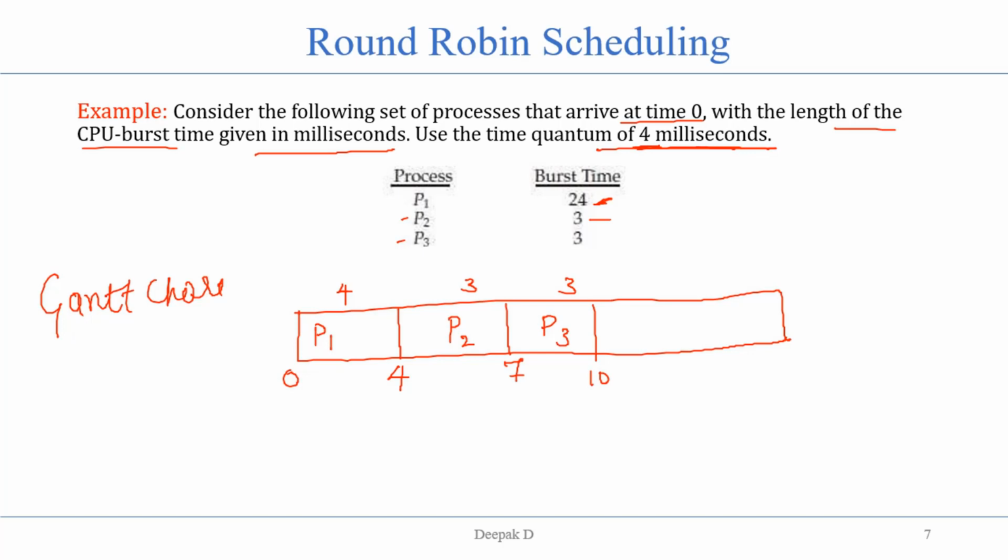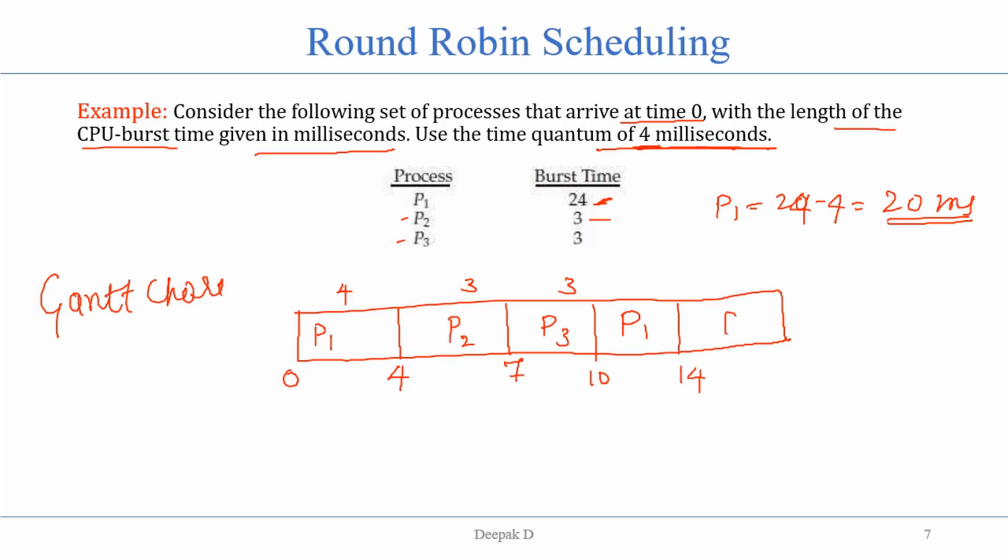Now all the processes have executed, but P1 still wants to execute: 24 minus 4, it is 20 milliseconds. It still has to execute for 20 milliseconds. So the process P1 will start executing now. P1 will execute again for 4 milliseconds, that is 14 here.